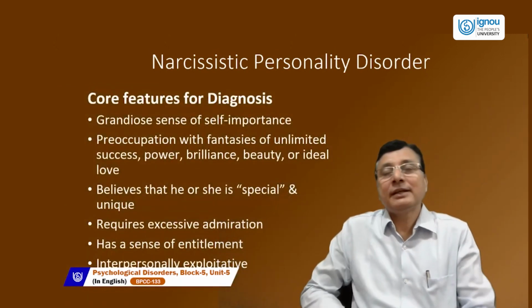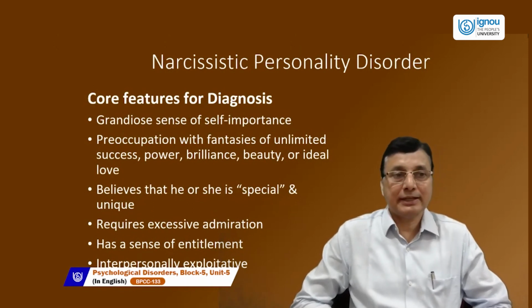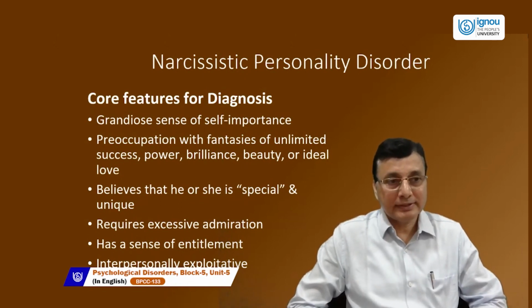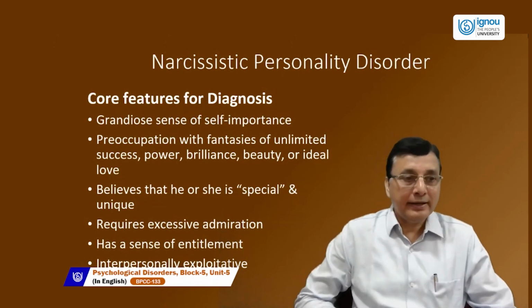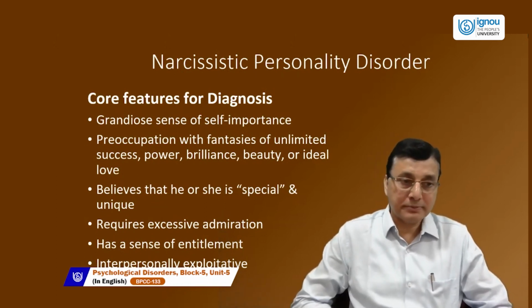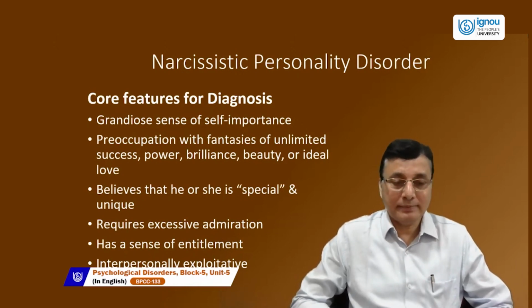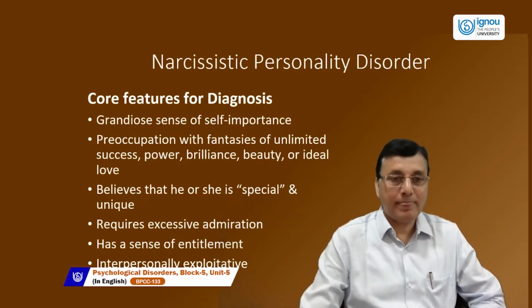If we see the DSM-5 criteria for narcissistic personality disorder: a grandiose sense of self-importance, preoccupation with fantasies of unlimited success, power, brilliance, beauty, or ideal love, and believes that he or she is special and unique, requires excessive admiration, has a sense of entitlement, and is interpersonally exploitative.